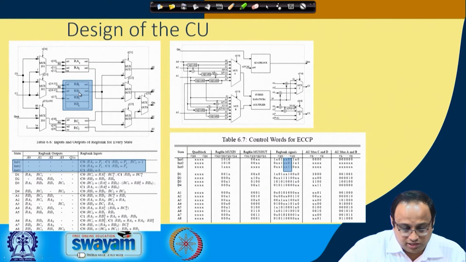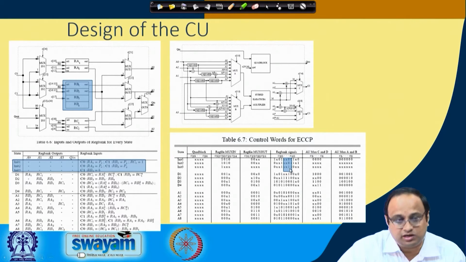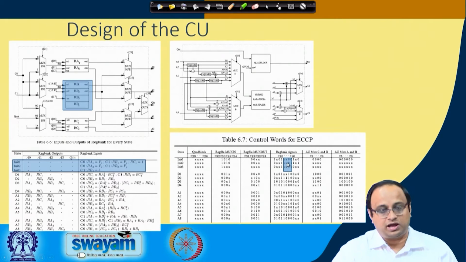In the second clock cycle you are writing into RB2, so this control should be changed to 0 1, and that is what is done here. In the third step you are writing into RB4, so it should be 1 1, and that is what is done here. But in all these steps the read address is don't care, because you are not reading anything.